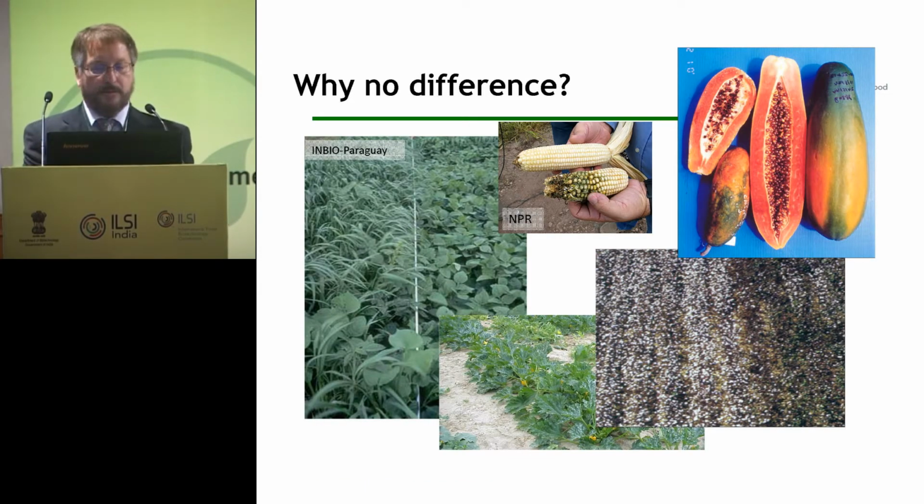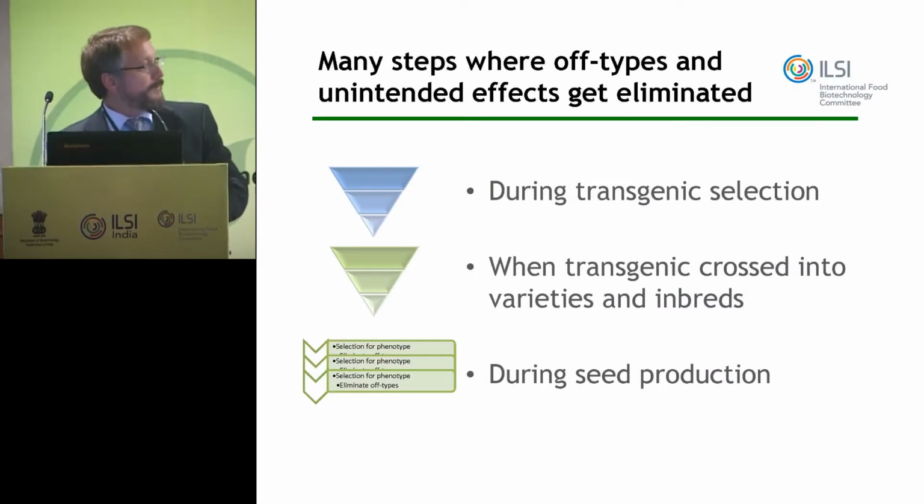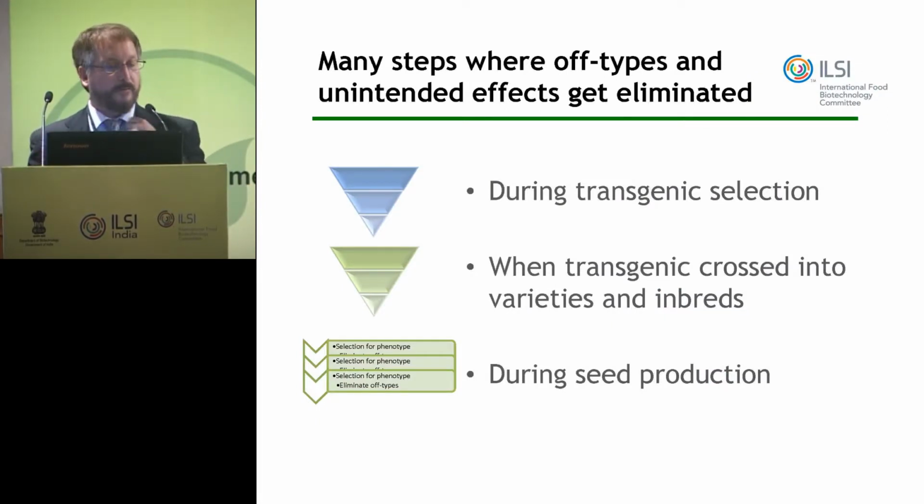Why is it that we're not finding these differences, given the diversity of GM crops out there? A variety of reasons. One is that there are many steps in the process where any unintended effect is going to be eliminated. I'm going to do this, but during the transgenic selection, when these are back crossed into different varieties, and even during seed production.